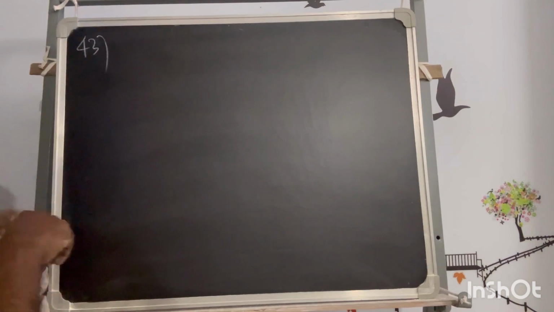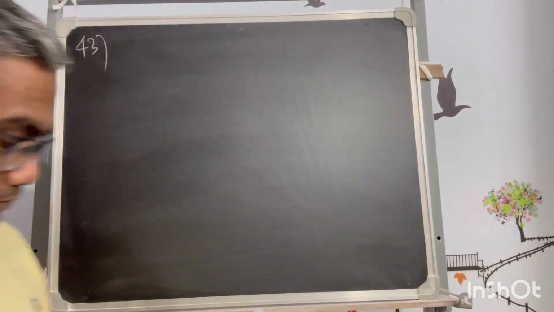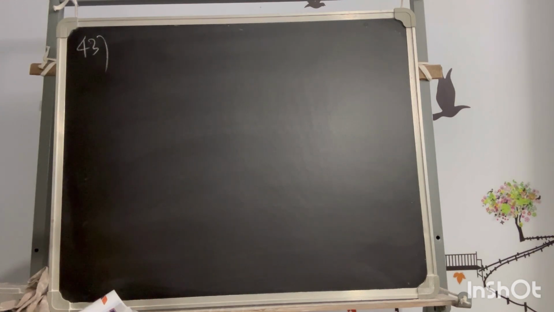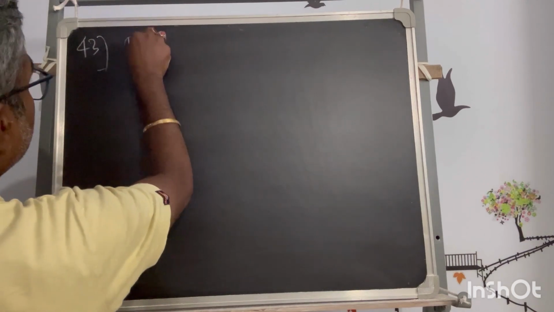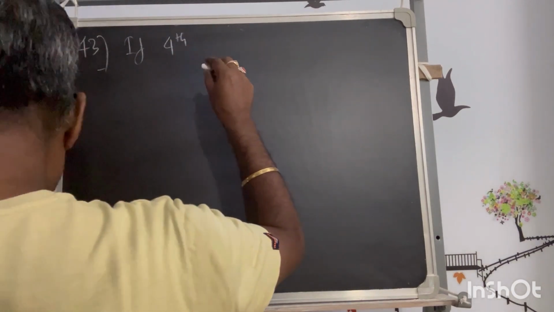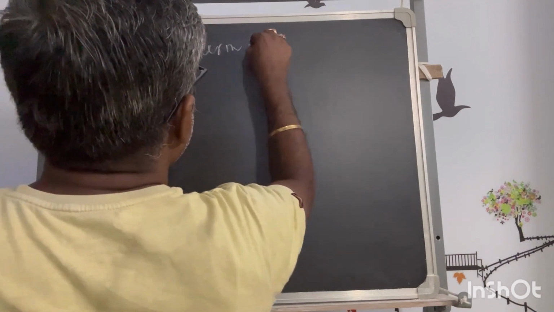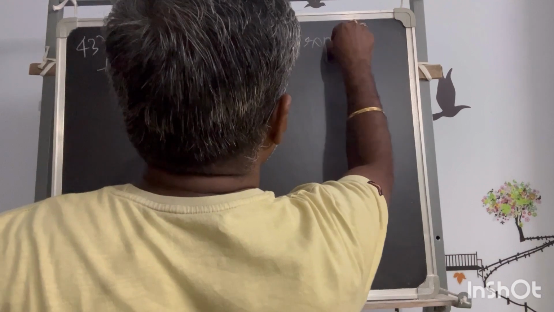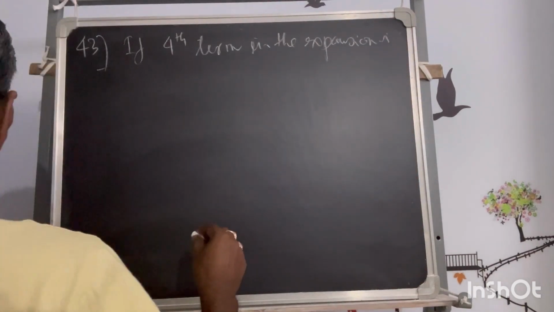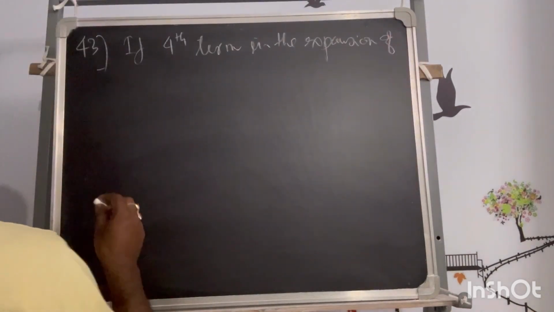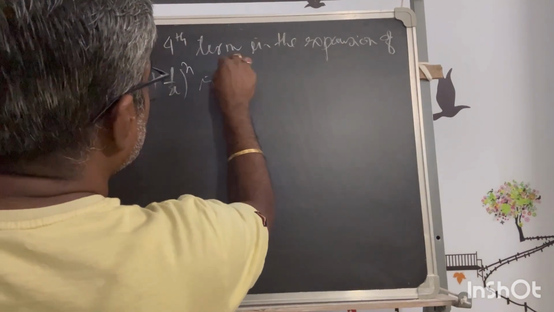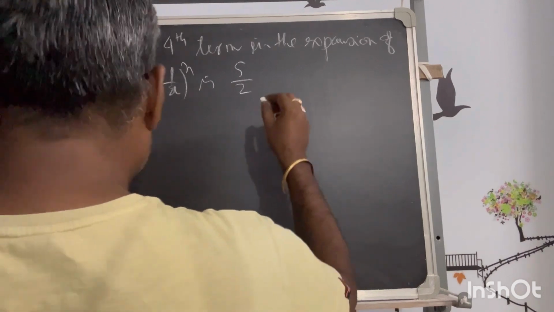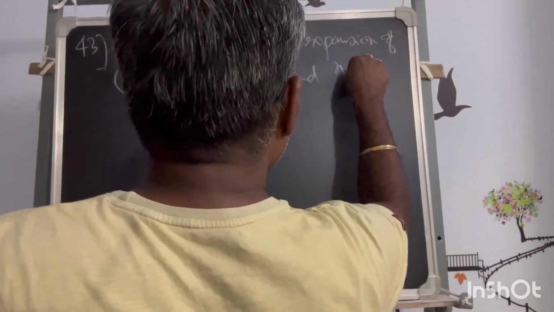If the fourth term in the expansion of (px plus 1 by x) whole to the power n is 5 by 2, find n and p.